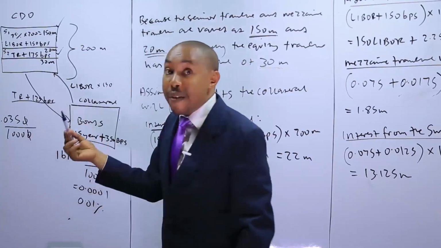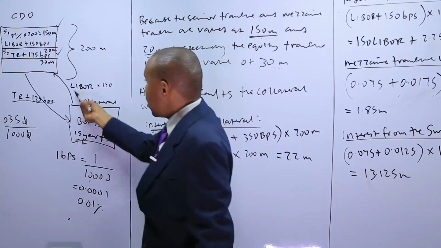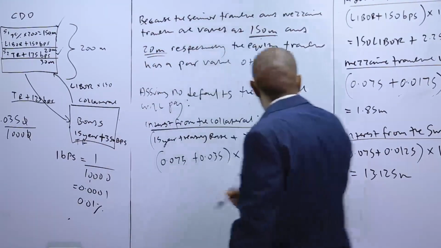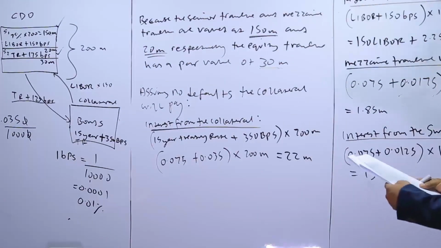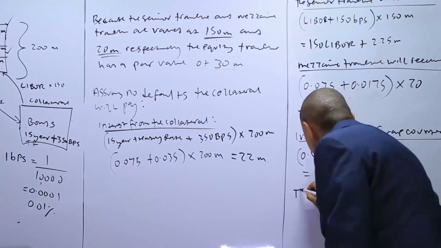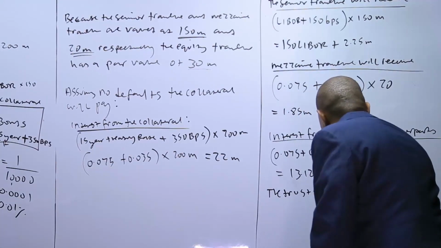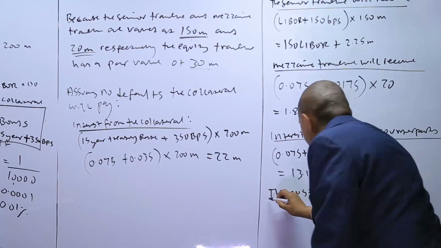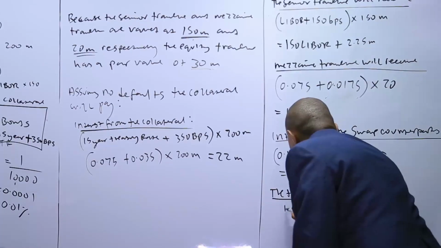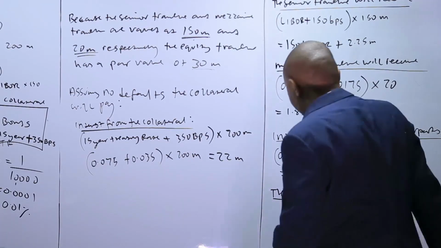Then it's applied to 150 million, which is the collateral there. In return, it will receive LIBOR times 150 million. So we are saying the swap agreement, the trust will receive, how much? It will be just 150 LIBOR, like that.